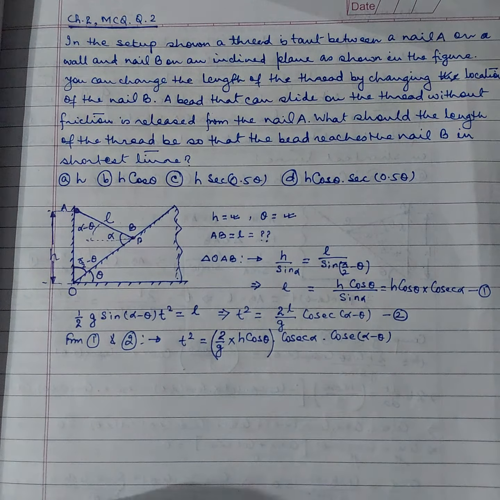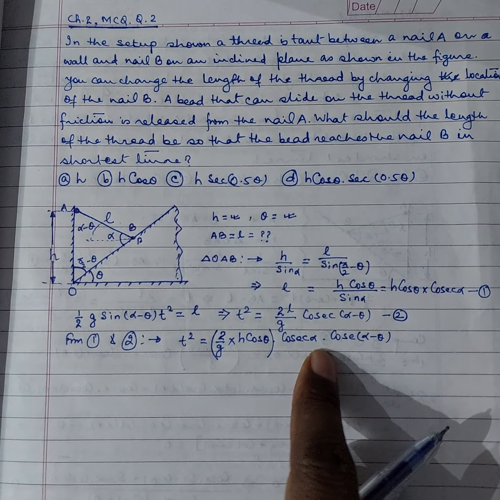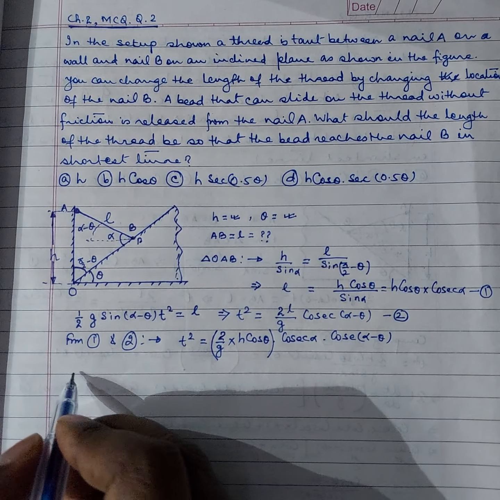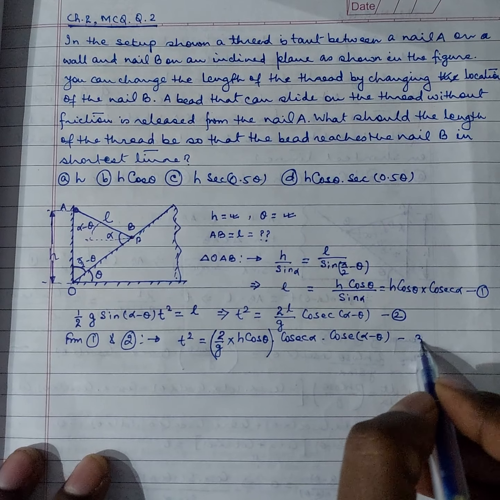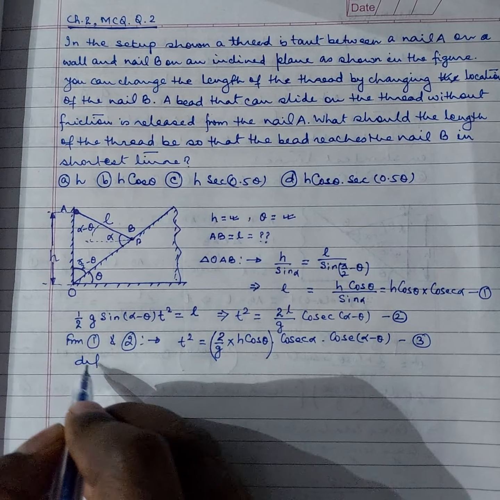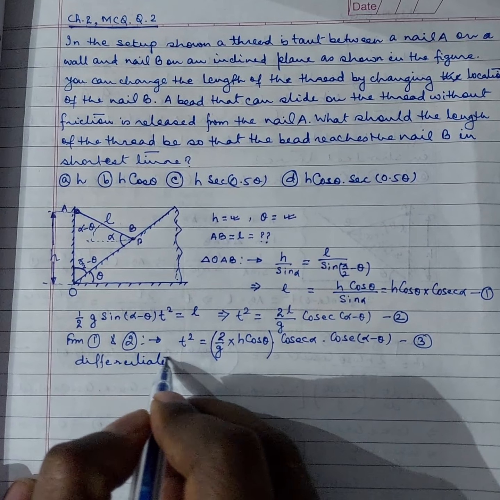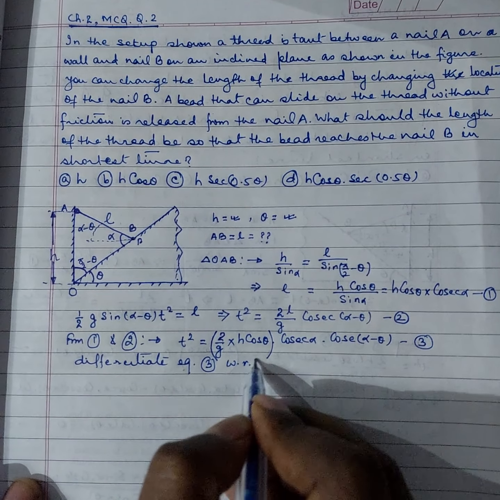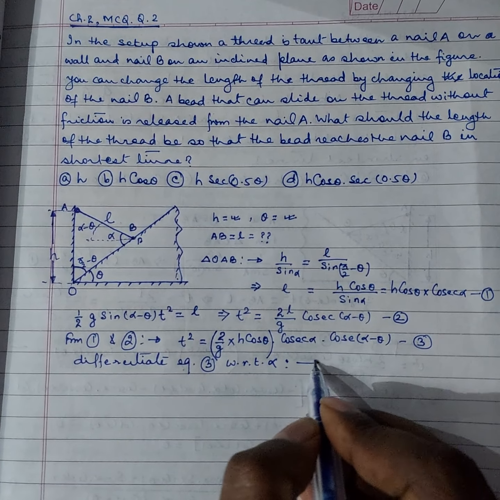For t to be minimum, we will differentiate this equation with respect to alpha, and put that as 0. So let us differentiate. Let us say equation 3. Differentiate equation 3 with respect to alpha.